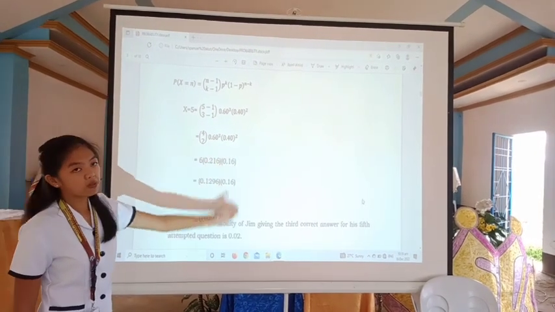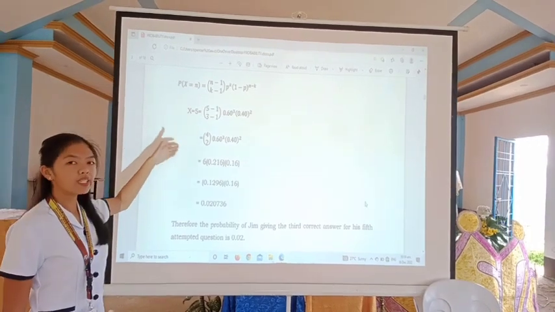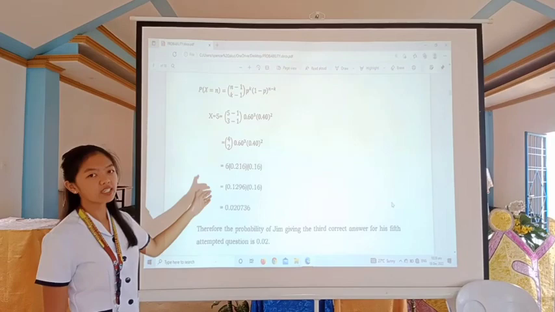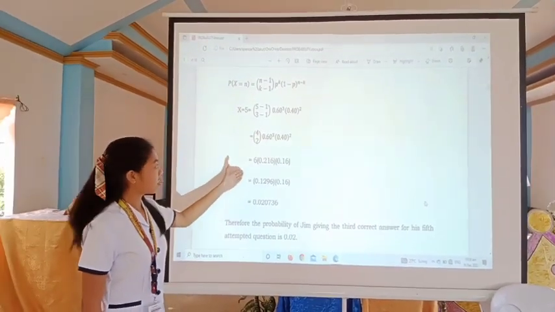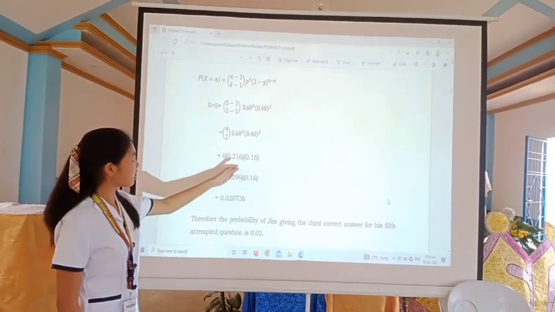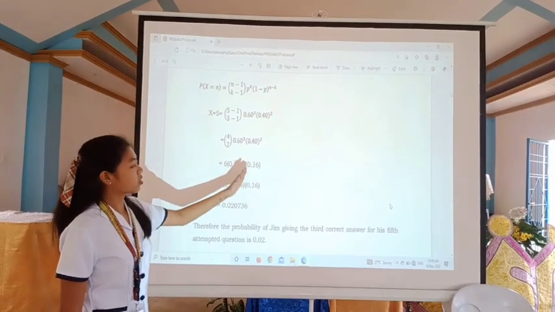Then we just copy this one, and we have the combination of 4 choose 2. We calculate that, and it is equal to 6. Then 0.60 cubed is equal to 0.216, and 0.40 to the power of 2 is equal to 0.16.